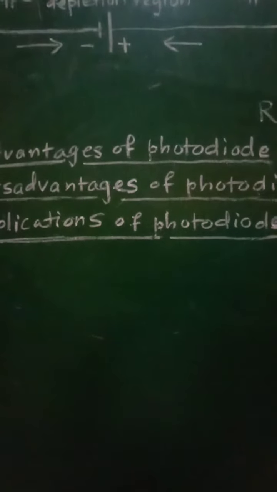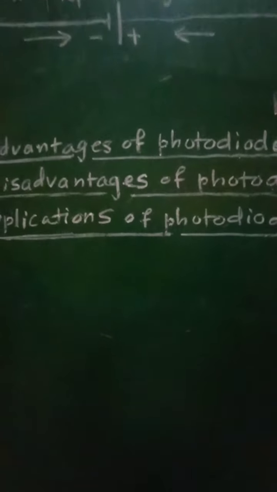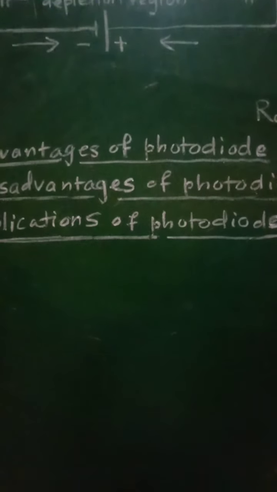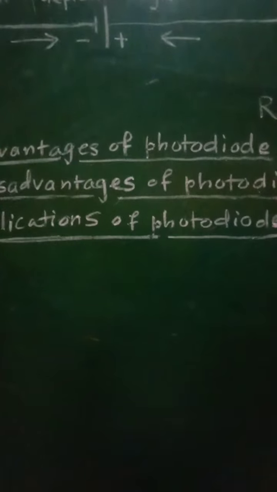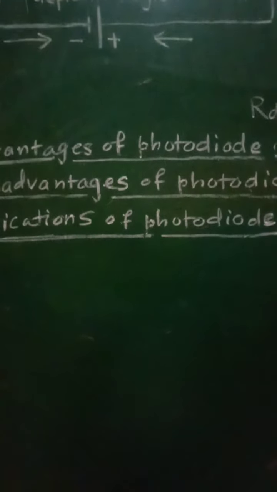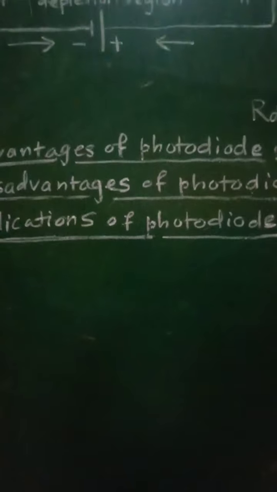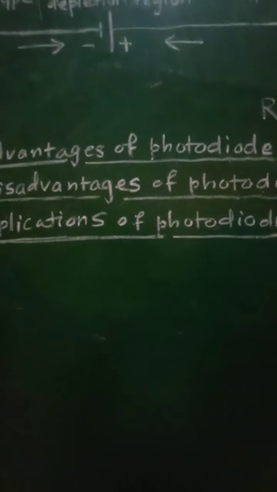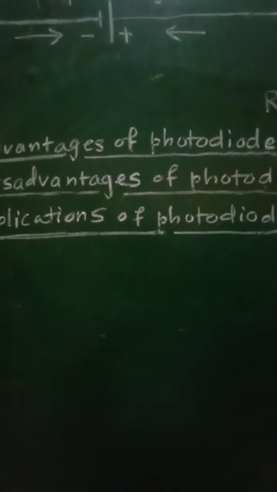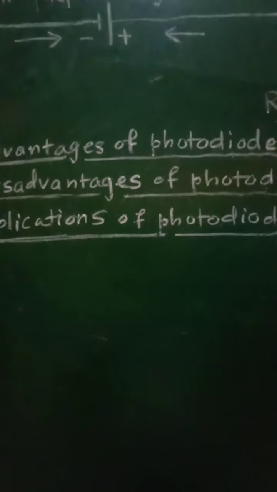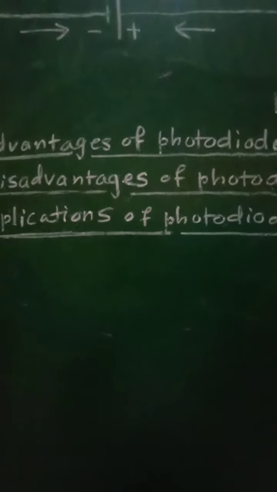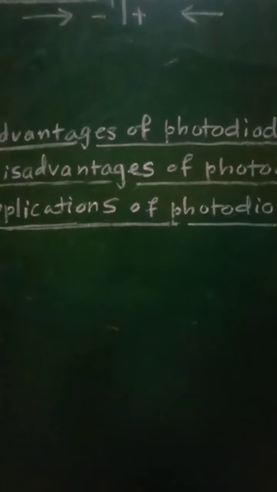That means from ultraviolet radiations to infrared radiations, that will be the spectrum response for this diode. That means it will be operated between the ultraviolet to infrared region of the electromagnetic spectrum. Similarly, sixth one, relatively it has low cost. So as compared with other diodes, it has low cost. These are some of the advantages of this photodiode.